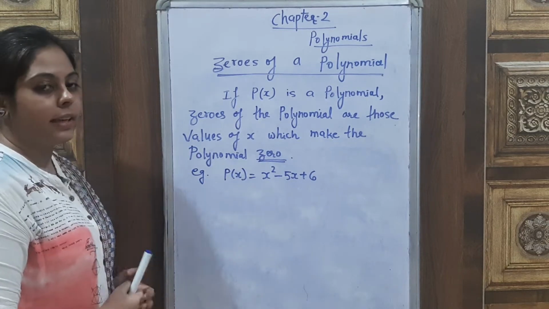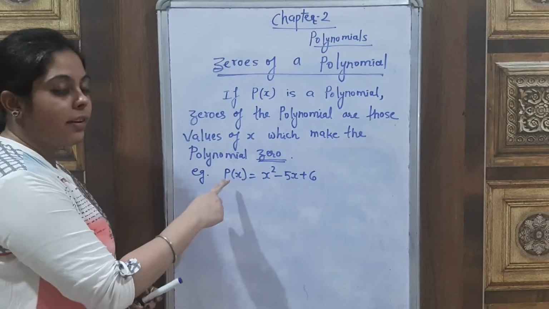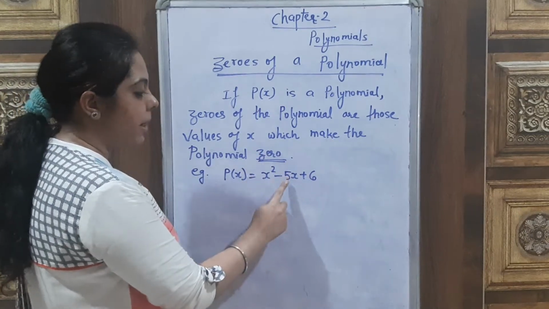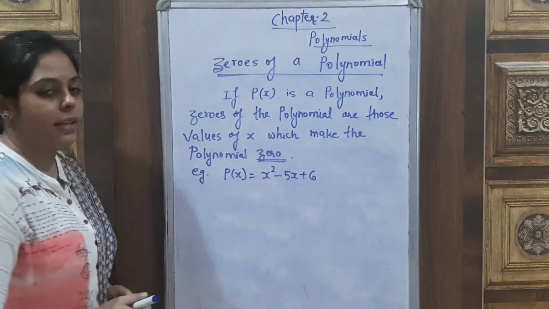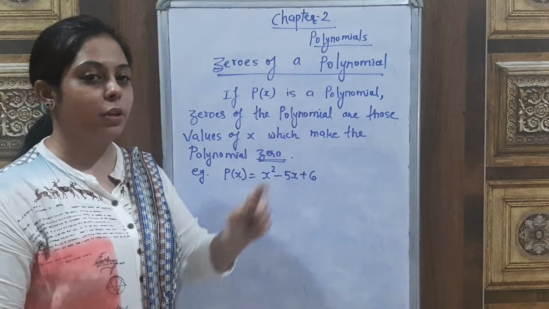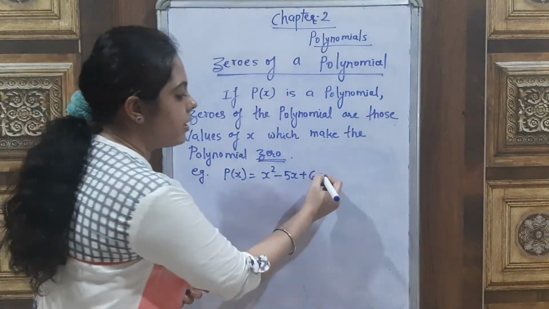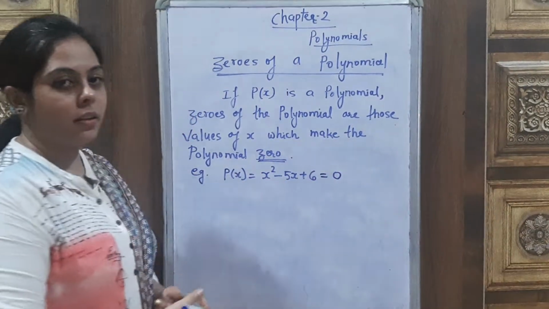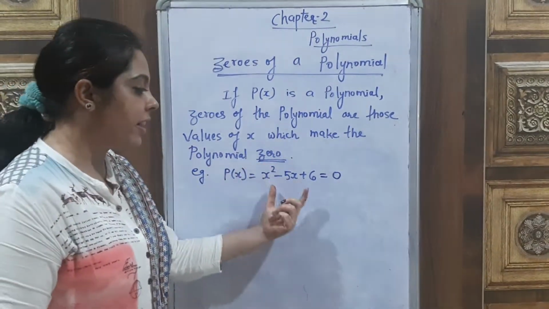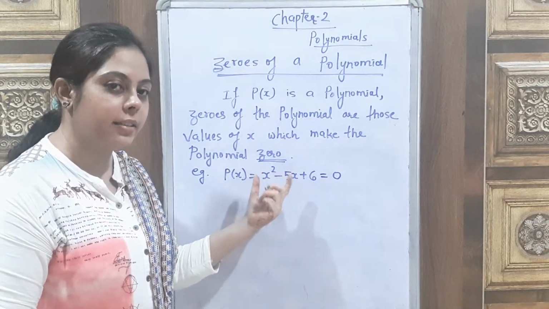So let us take one example for this. We have a polynomial p(x) = x² - 5x + 6, and to find the zeros of a polynomial, first we have to set this polynomial equal to 0. Now, to find the zeros of the polynomial, we have to factorize this polynomial by splitting the middle term method.